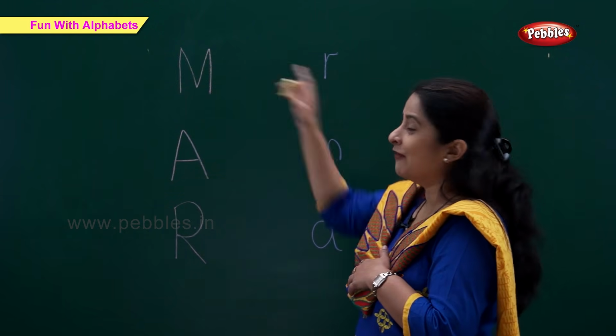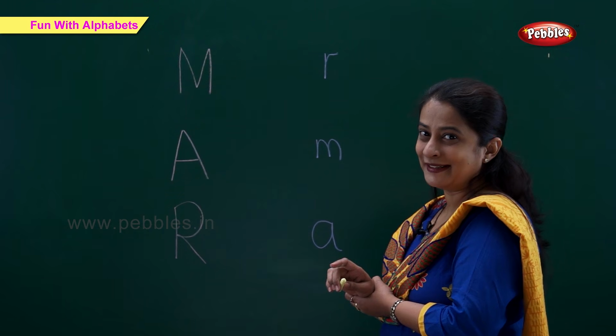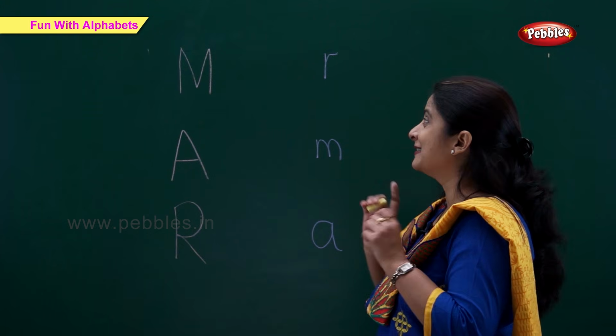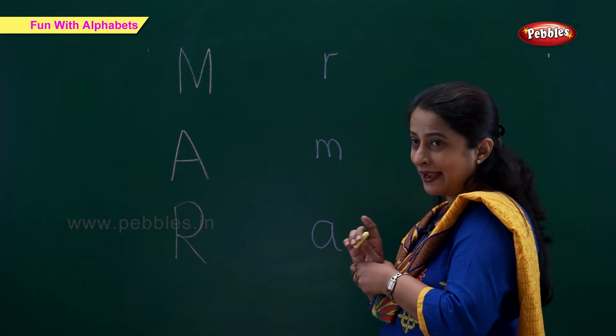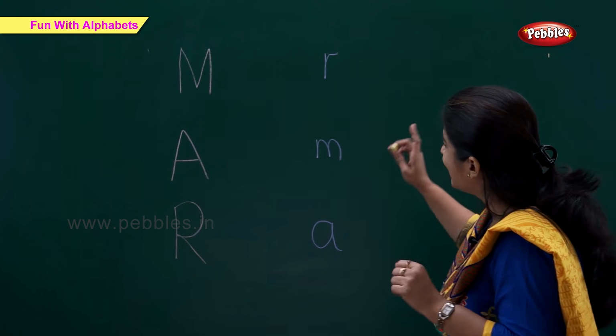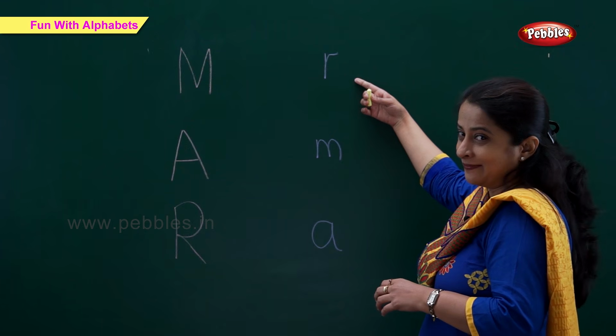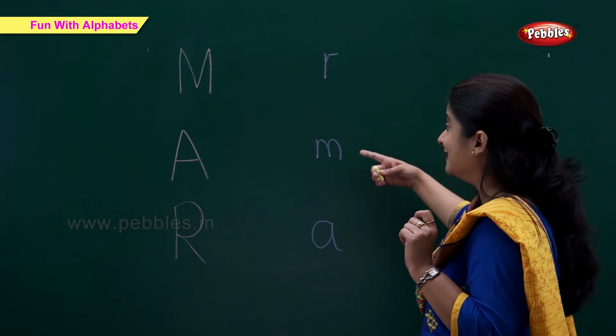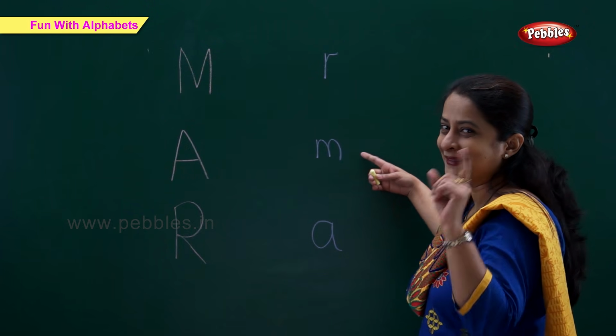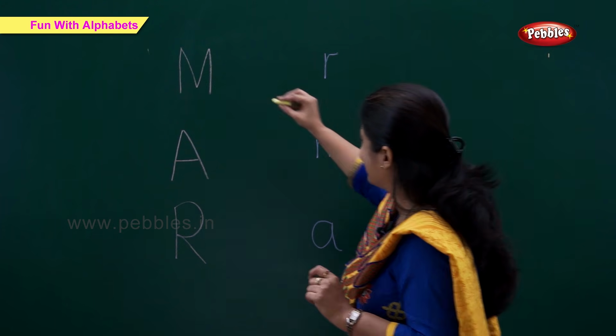Okay. What is this? Who will tell me? Right, it's M. A big M. Now where is small m? Is this small m? No. Is this small m? Yes, you're right.